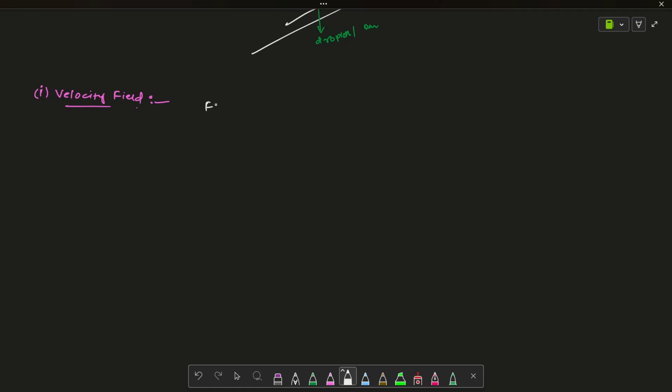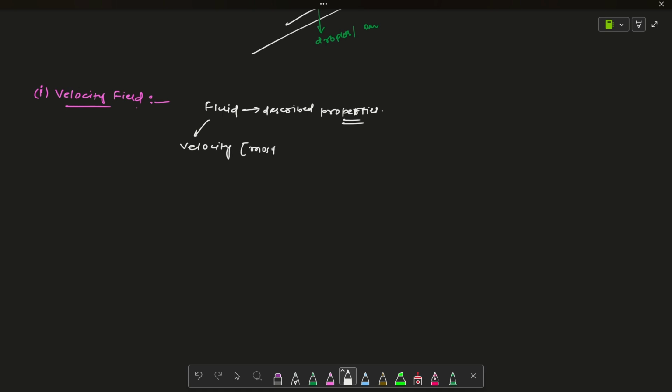A fluid has plenty of properties. A fluid can be described by its properties, like what kind of fluid it is, how it is different, how it is the same, like I told you earlier. The most important fluid property is velocity. Everything starts from here. Why is velocity most important?